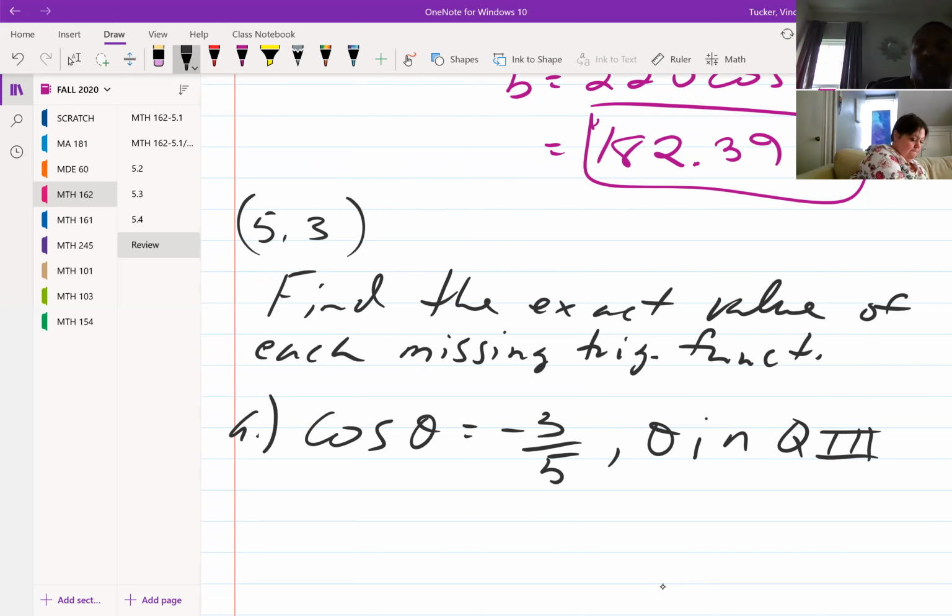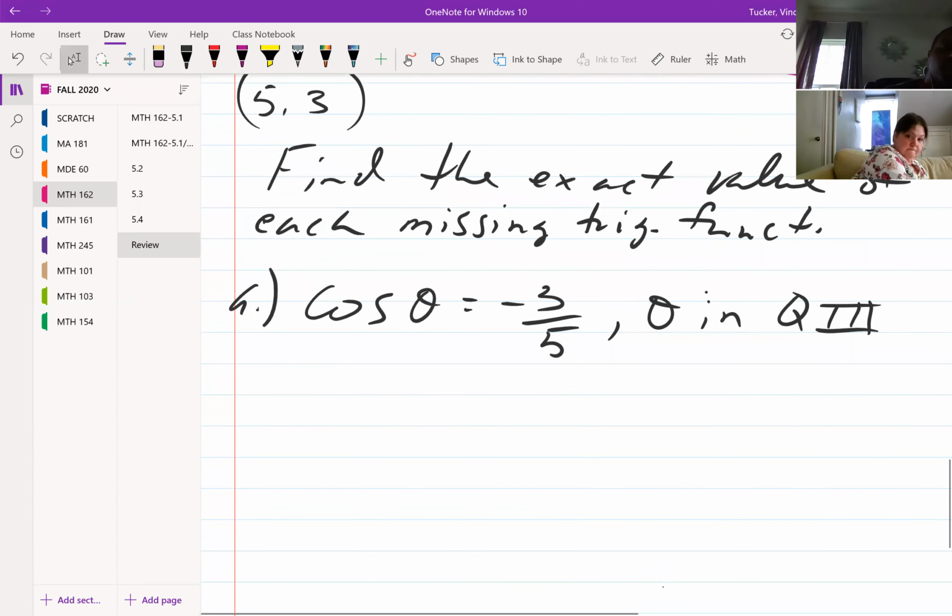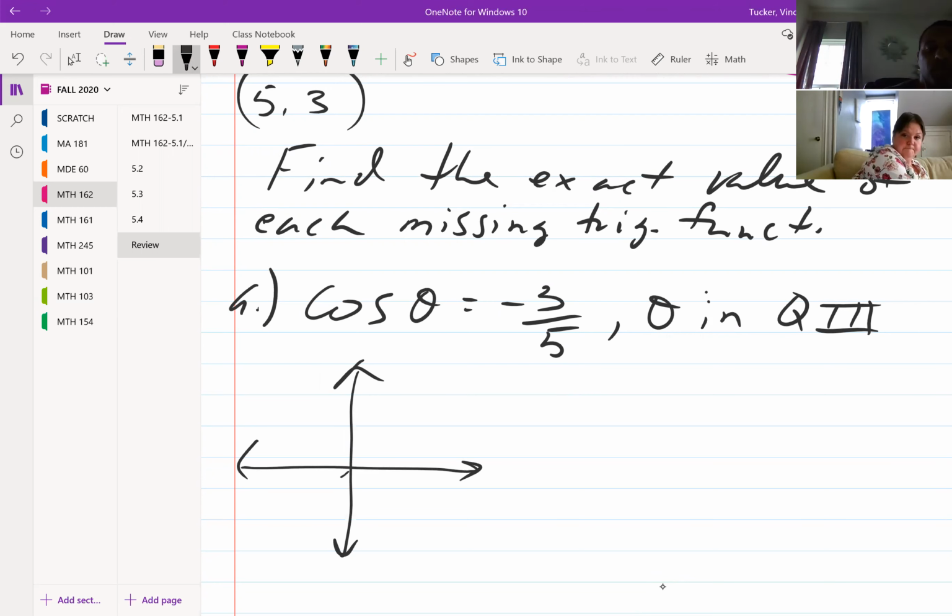So yeah, cosine theta is -3/5, and also theta is in quadrant 3. So don't forget, all are positive in the first quadrant.